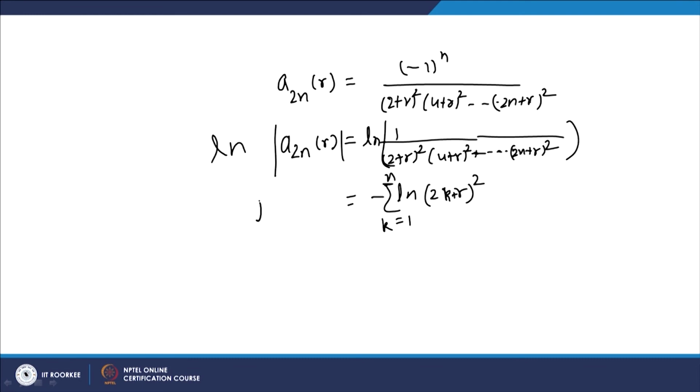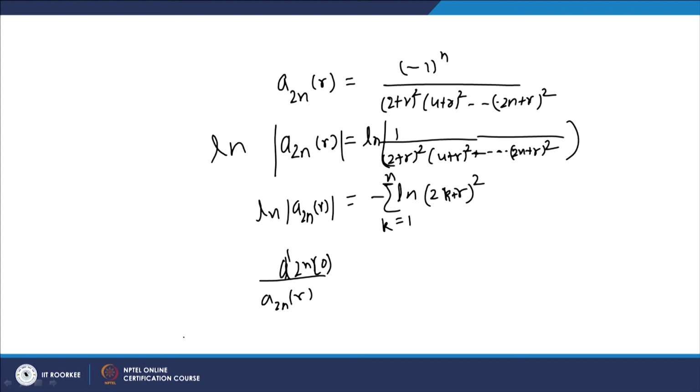Then we can take the differentiation. So if we take ln of the modulus of a_2n(r), now we take the derivative. So the derivative will be 1 upon a_2n(r) times a'_2n(r).